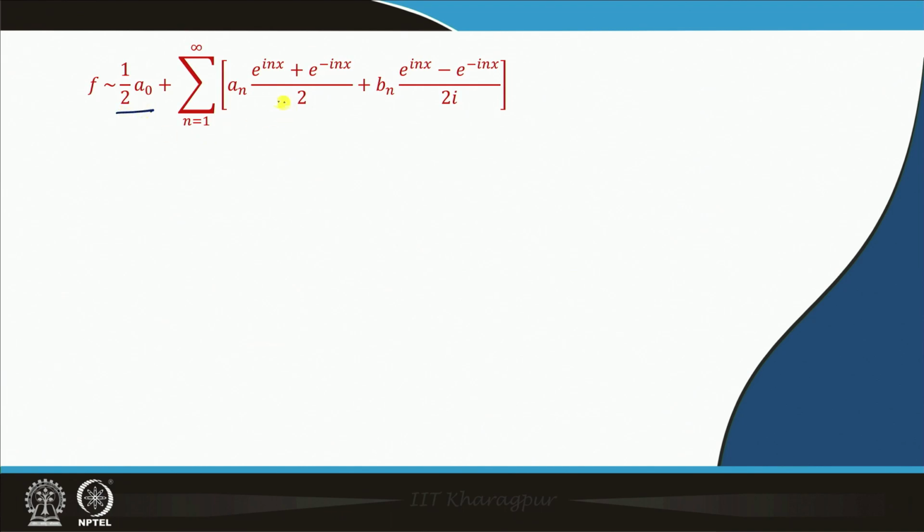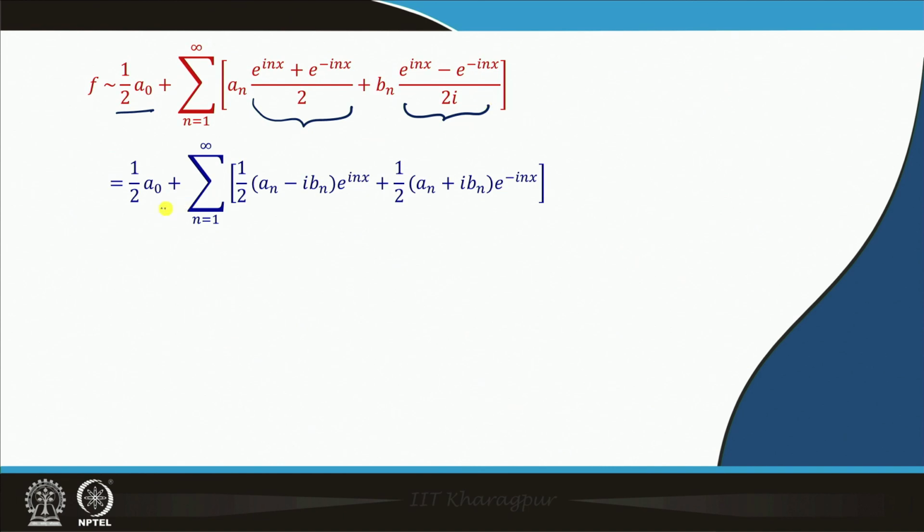So, now we can replace in the Fourier series: a naught by 2, and then this cos n x and sin n x are replaced by the Euler formula. We can now do some simplification, because e power i n x is present in both the terms.